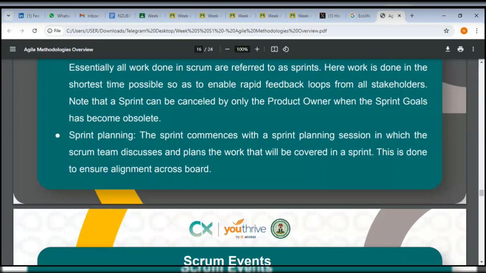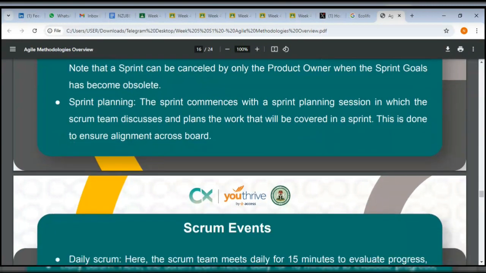Sprint planning. The sprint commences with a sprint planning session, like I spoke about, in which the Scrum team discusses and plans the work that will be covered in a sprint. This is done to ensure alignment across the board. Remember who is in the Scrum team: you have your developers, your product owner, and your Scrum master.